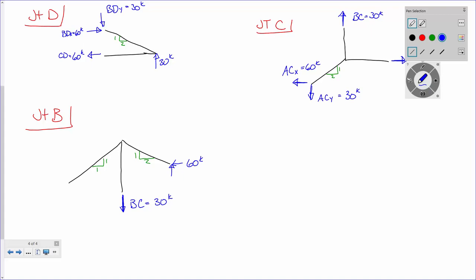All right, 60 to the left, and we have what's going up? 30. Okay. Am I missing anything on this joint? There we go. Exactly. Make sure you don't forget that. Okay.